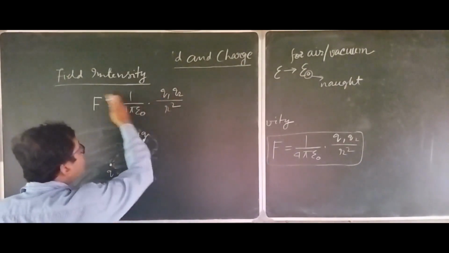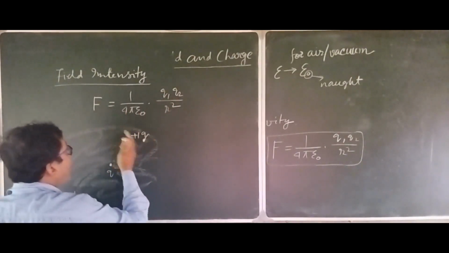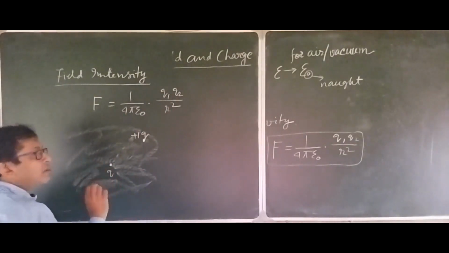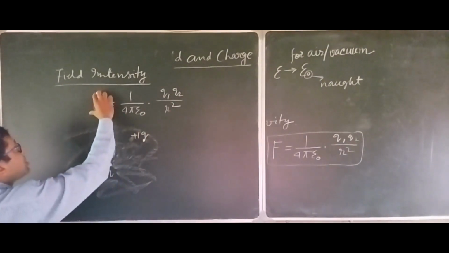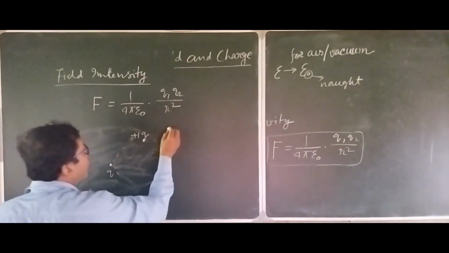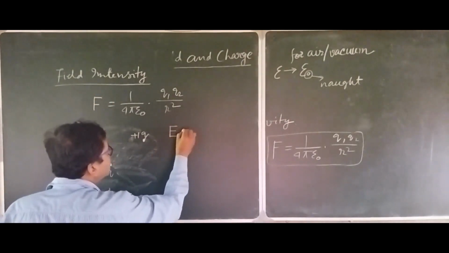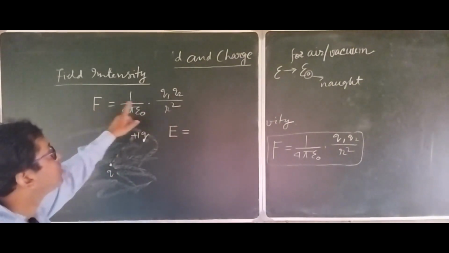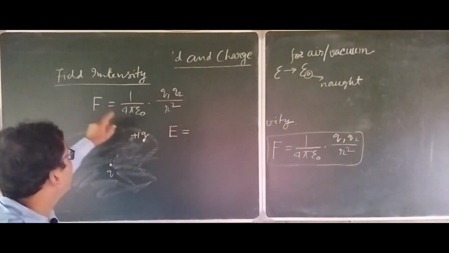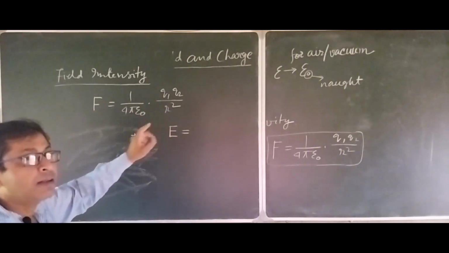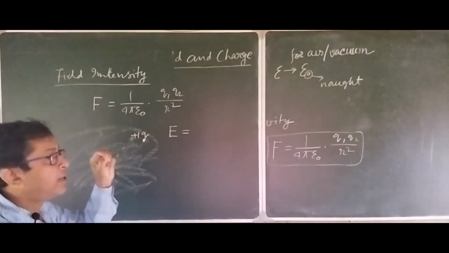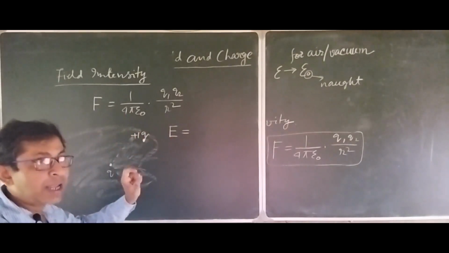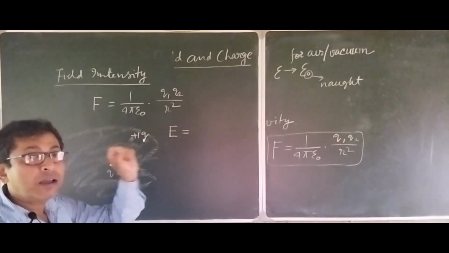So according to Coulomb's law, when we determine the field intensity, we actually change this symbol a little bit. Just for F we write E. When we write F, that is the force between any two amount of charges. When we write E, then we have to understand that it signifies the force between a charge and a unit charge.